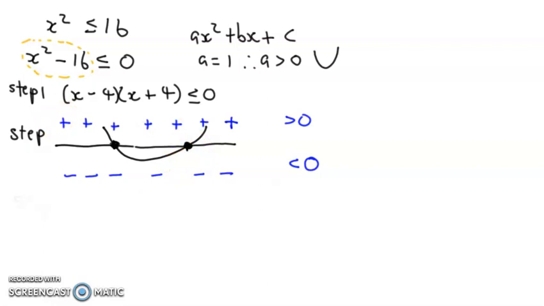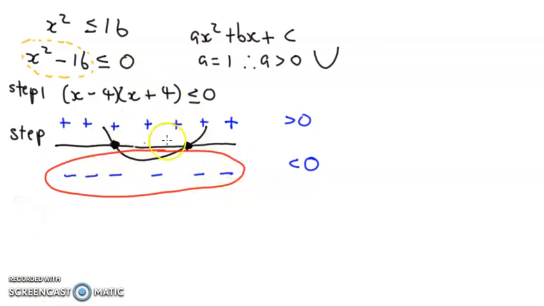And secondly, we have to ask ourselves, where is this graph less than or equal to 0? This graph is less than 0 where it's below the x-axis. This is the x-axis. So below the x-axis here, this graph is less than 0.